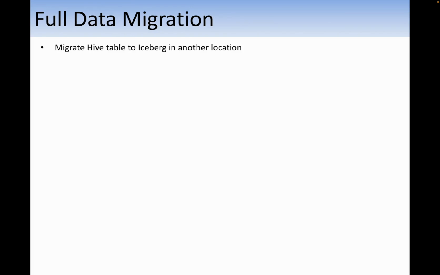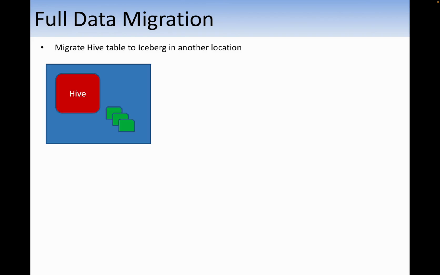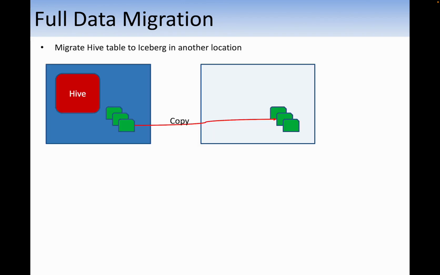Okay, full data migration. Full data migration is to migrate a Hive table from one location to another location. So for example, you want to migrate within HDFS to a different location, or from HDFS to Ozone, or from one bucket to another bucket, or from one cloud to another cloud, right? Then you're going to use full data migration. So let's say you have a Hive table, then you're going to copy the files, you're going to use the add files procedure.